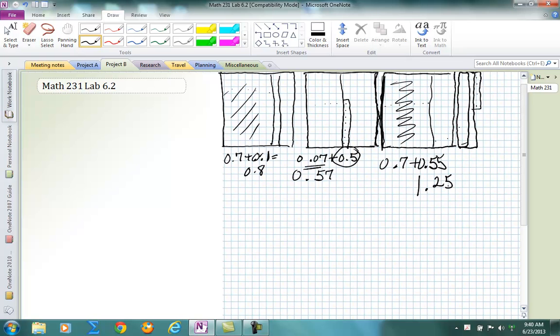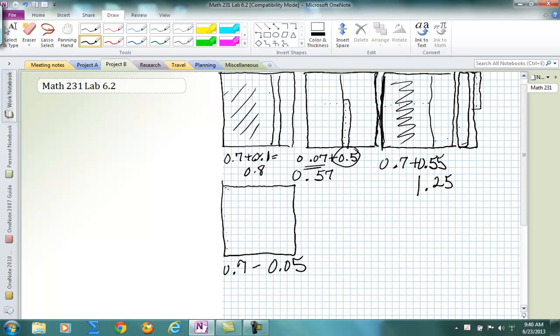Now, with subtraction, it's basically the same in that you are taking the unit block that is a 10 by 10. So let's say that I have 7/10 and I want to subtract 5/100.